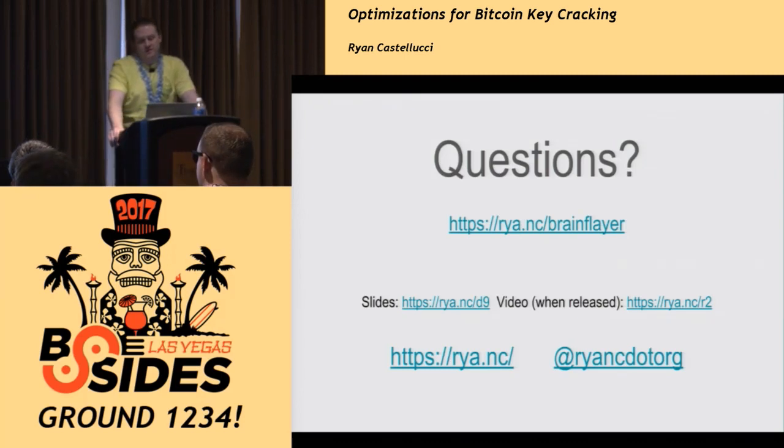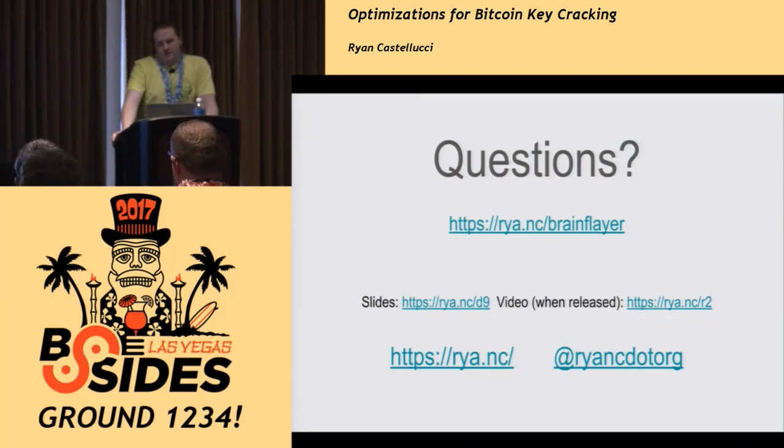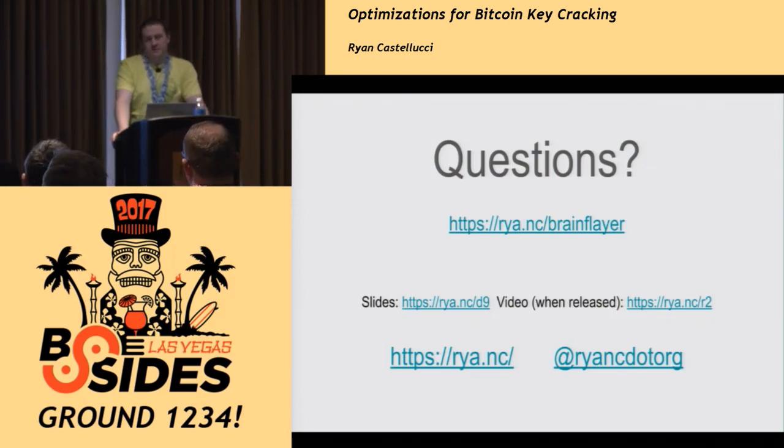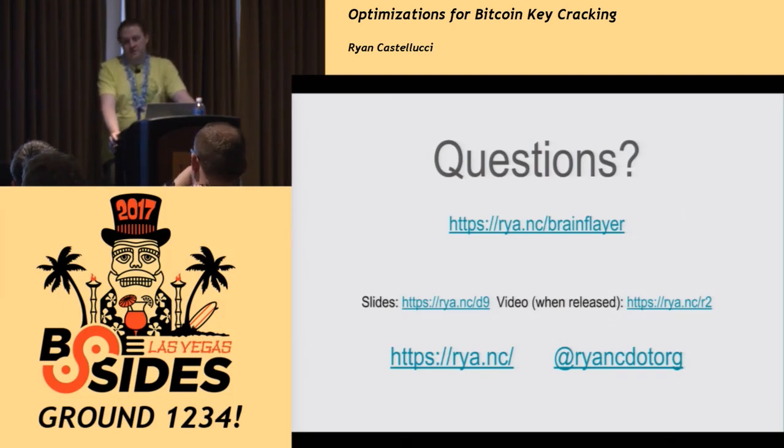For example, when I put in the assembly implementations of SHA-256 and tweaked that stuff to use pre-padding and all that, I only got another 2 or 3% because the calculation time was dominated by generating the public keys.